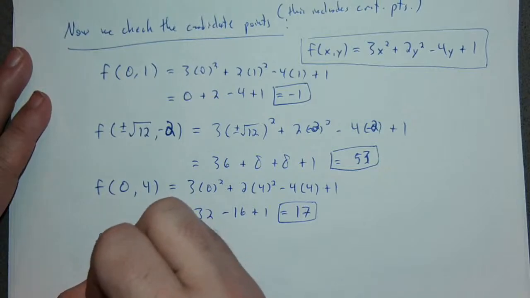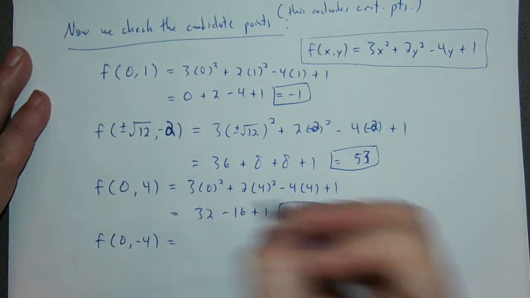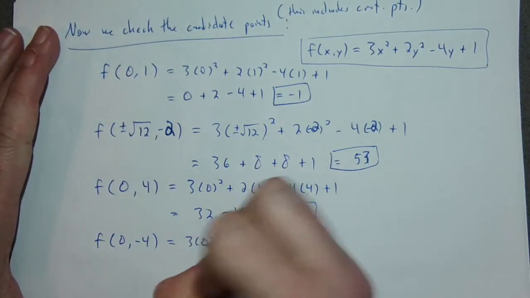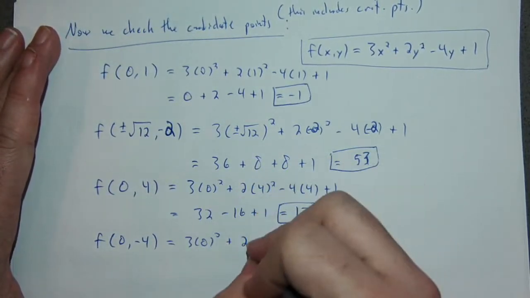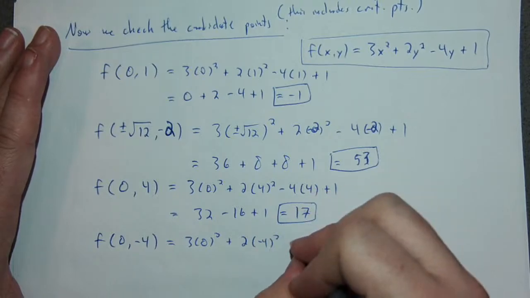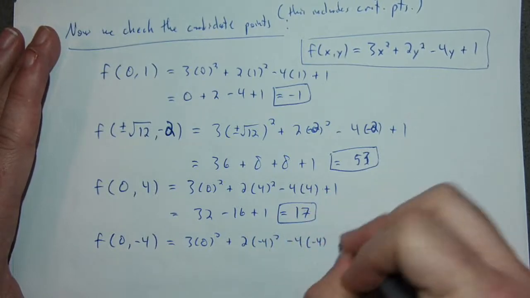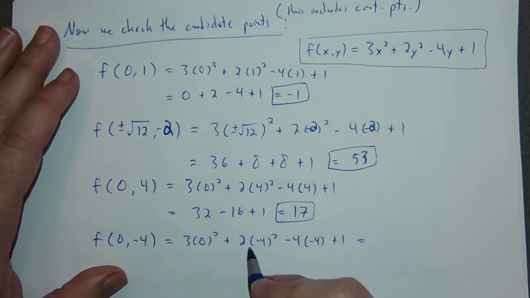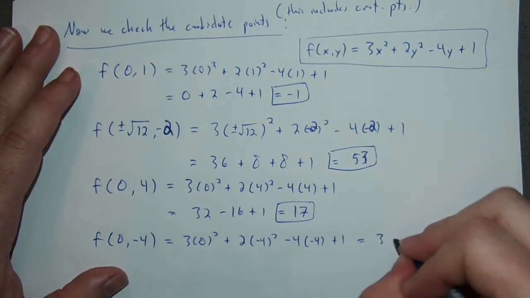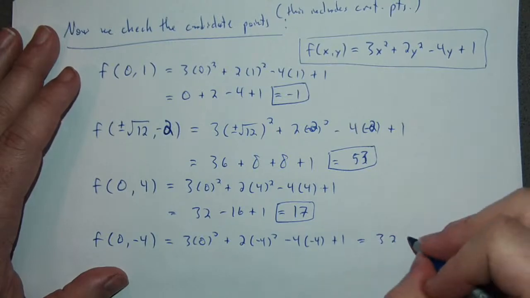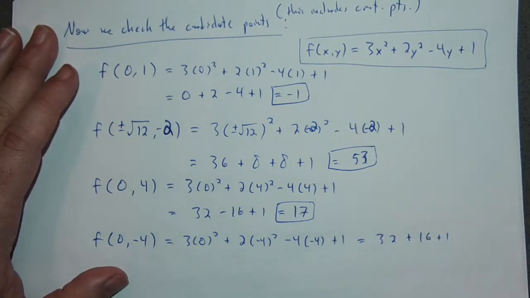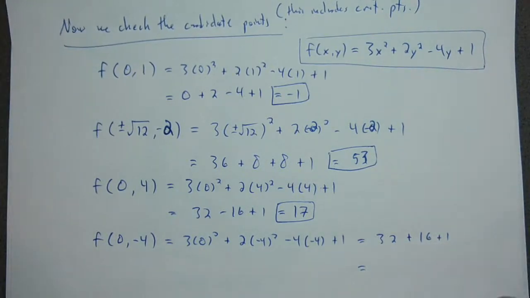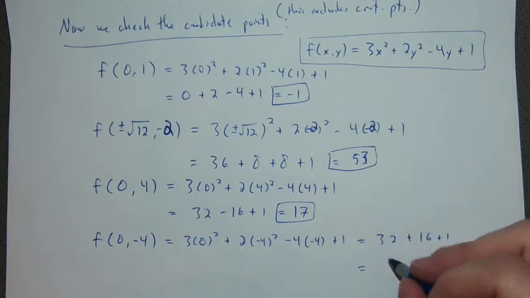And f of 0 minus 4 is 3 times 0 squared plus 2 times minus 4 squared minus 4 times minus 4 plus 1. So this is, again, 32. So it's 32 plus 16 plus 1. So this is 49.